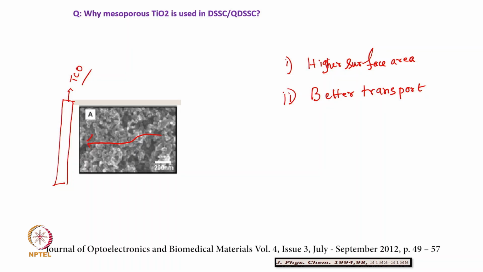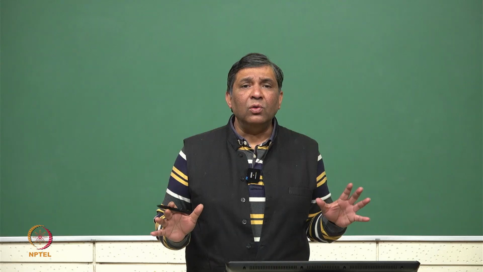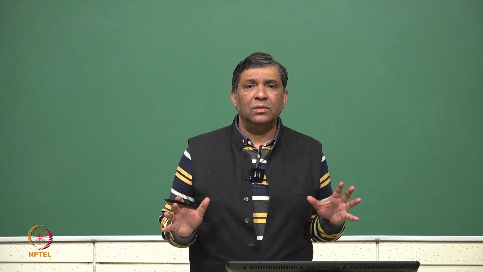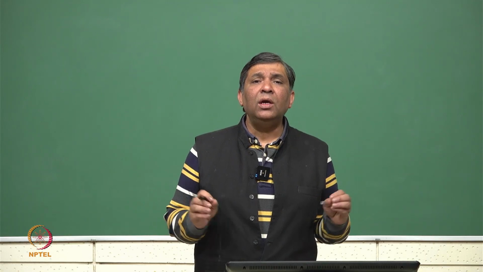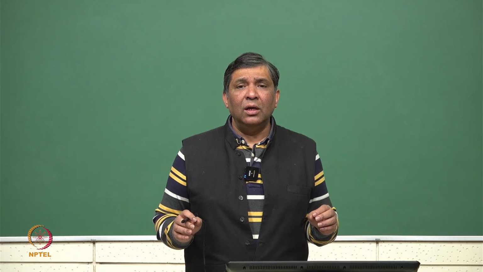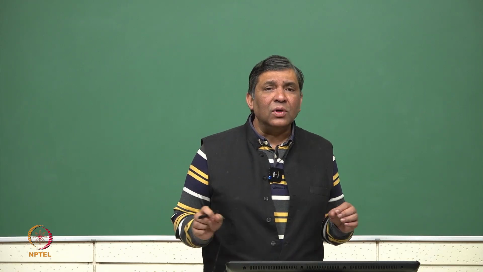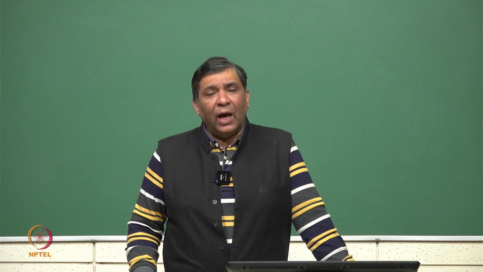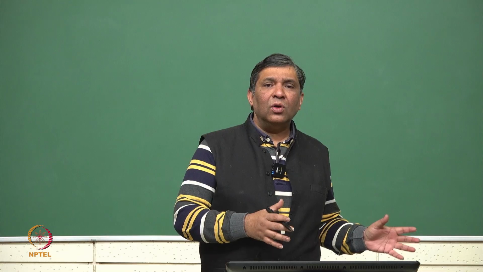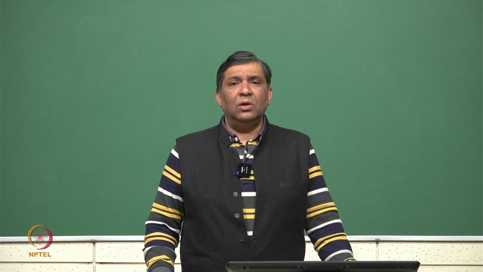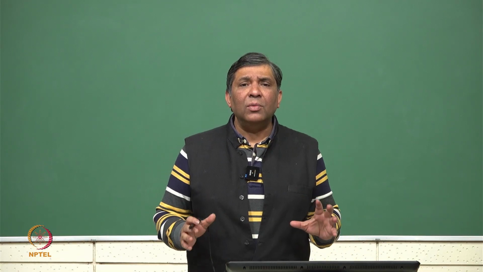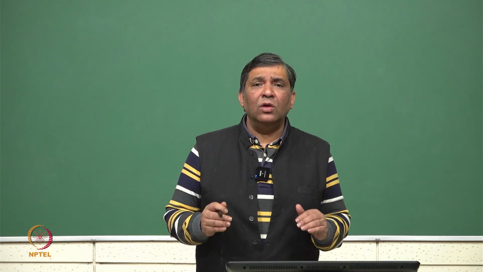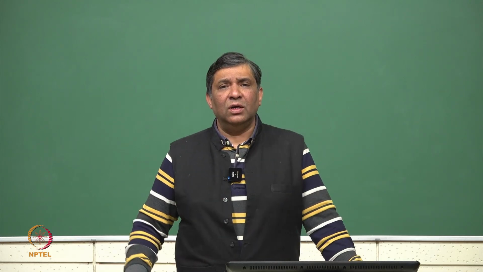The third thing which is important is that TiO2 is a wide band gap semiconductor. Being a wide band gap semiconductor, the transmission of light through TiO2 is quite high. Therefore, when we make a mesoporous structure, it sometimes hinders the electron path.